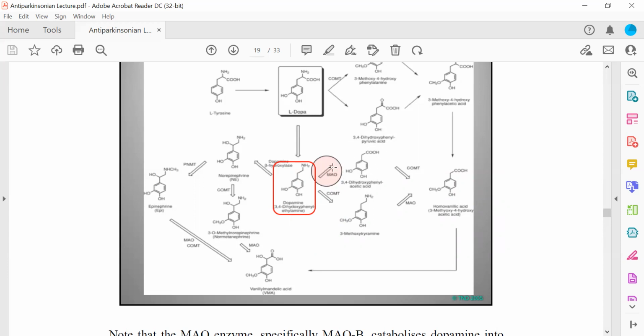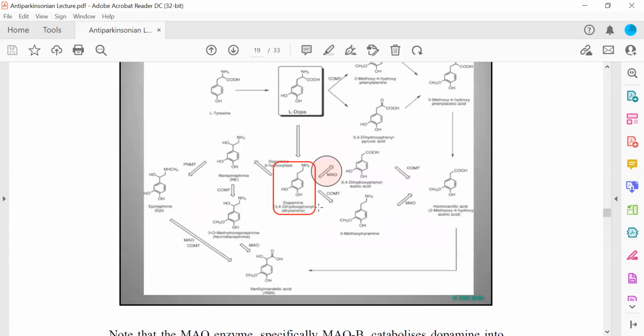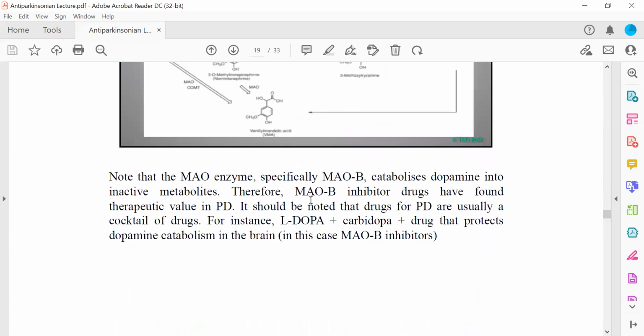So by combining a drug that blocks the MAOB enzyme, inhibits it, you will have higher concentrations of dopamine when we just look at the metabolic pathway.